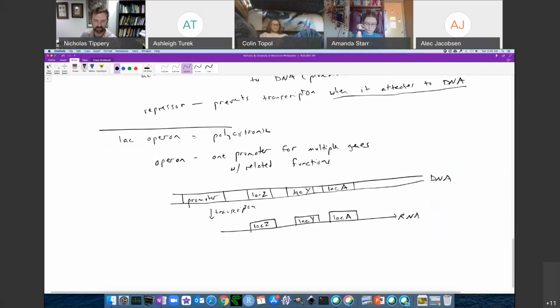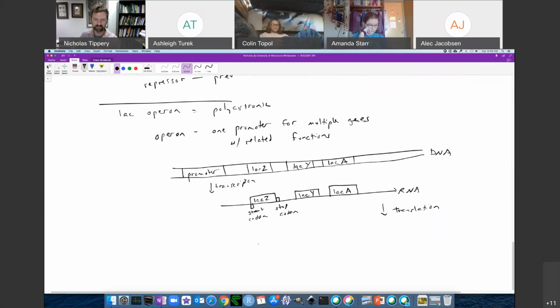And in there would be a start codon and stop codon for each of these. So if we went from that to translation, then the LacZ coding region produces this polypeptide, which is the beta-galactosidase.